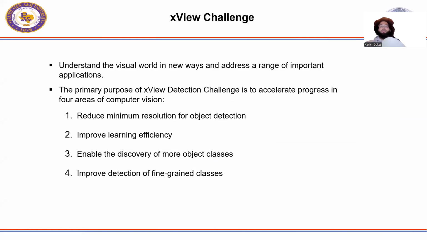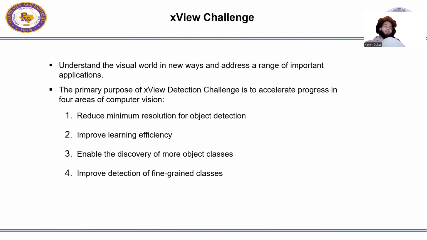So as we'll get into later, small objects in this incredibly large 4K resolution image may only be represented by 16 pixels because cars are so small and the scale of an image can be up to a square kilometer. Of course, we always want to improve learning efficiency and time of convergence of models, enable discovery of more object classes.